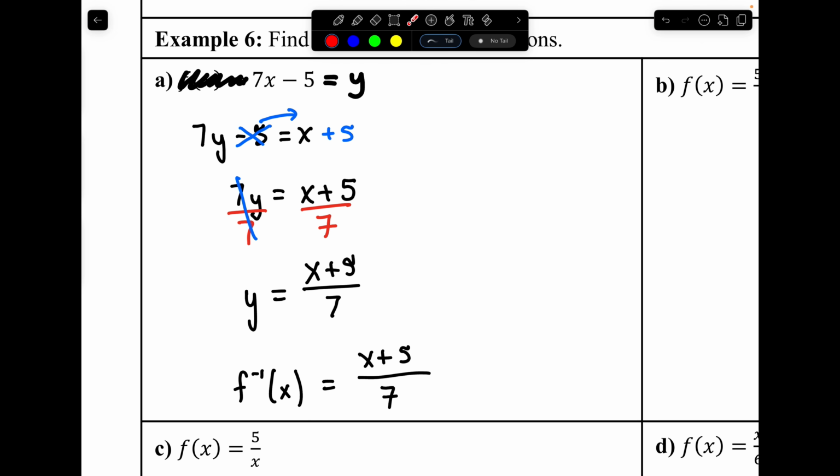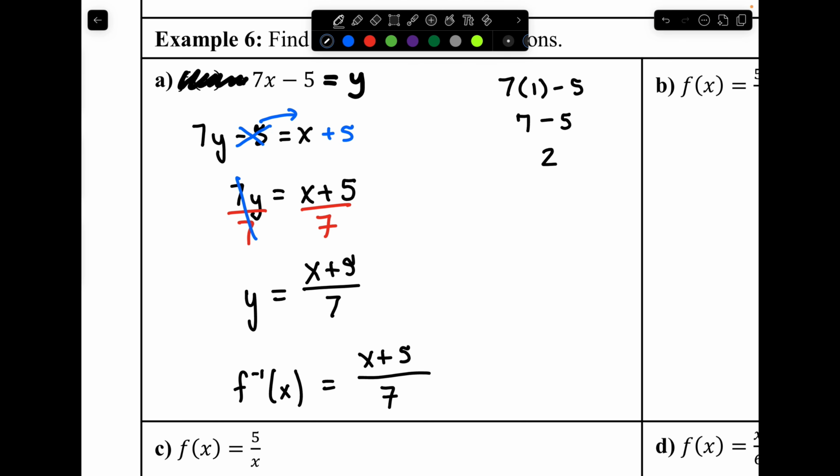Now what I want you to pay attention to before we finish this problem is that we're doing the opposite of the order of operations here. Notice that the order of operations for the original function would be multiplication first. If I was to plug in a number for x, let's pick the number 1, the order of operations will first multiply that 1 with 7, which would give us 7, and then that answer gets subtracted by 5, and we end up with 2.